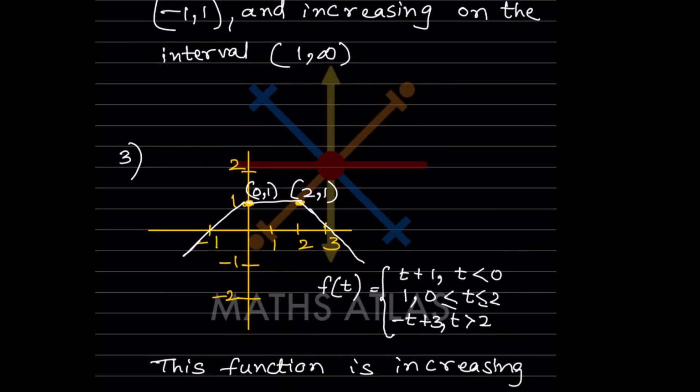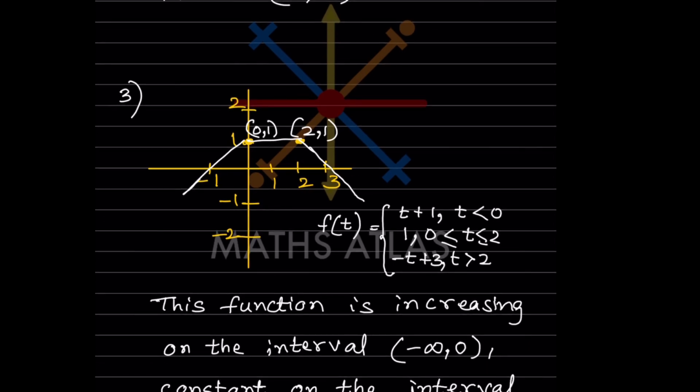So now let us see the next one. Here it is increasing, then it is constant, and then it is decreasing. Here it's given f of t is t plus 1 when t is less than 0, f of t is 1 when 0 is less than or equal to t is less than or equal to 2, and minus t plus 3 when t is greater than 2.